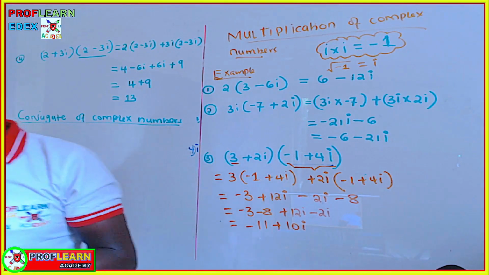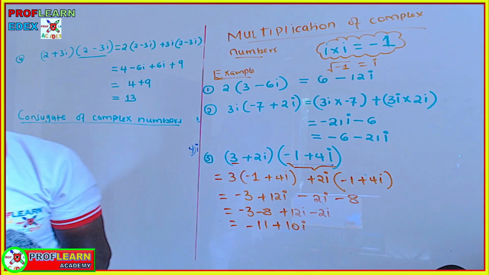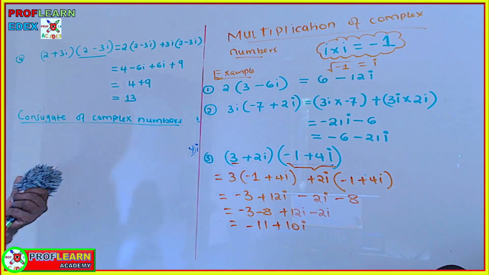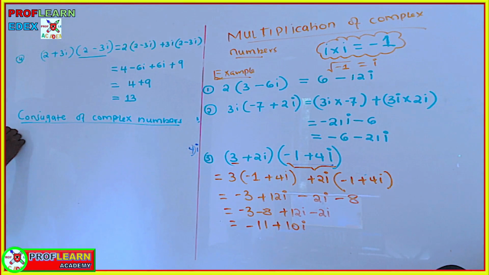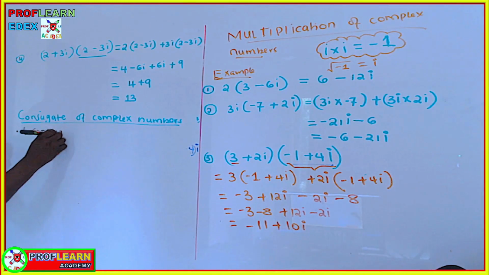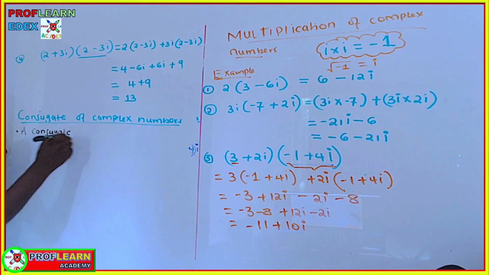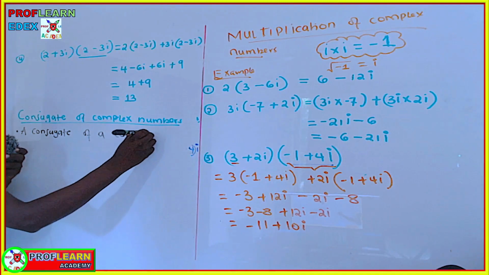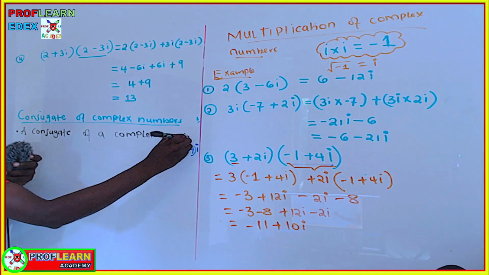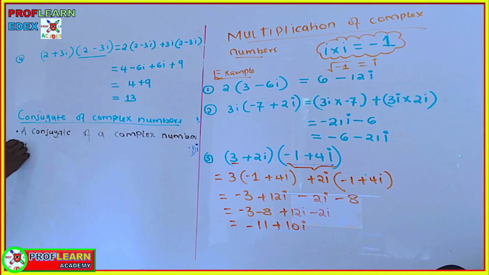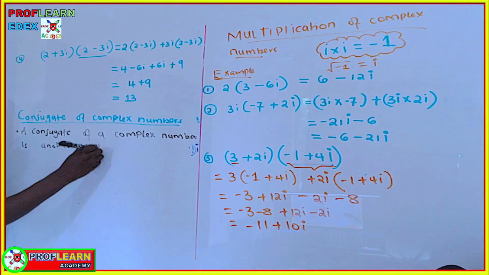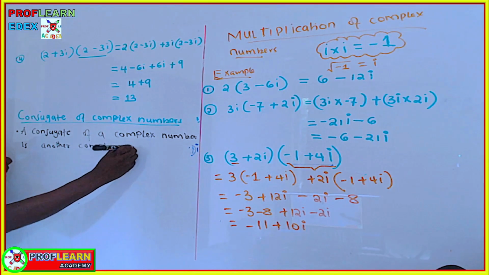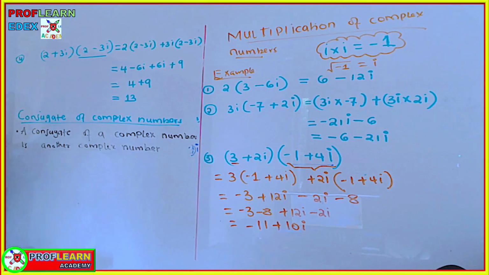We're going to say a conjugate of a complex number is another complex number.